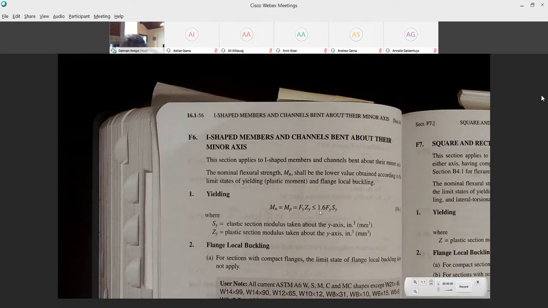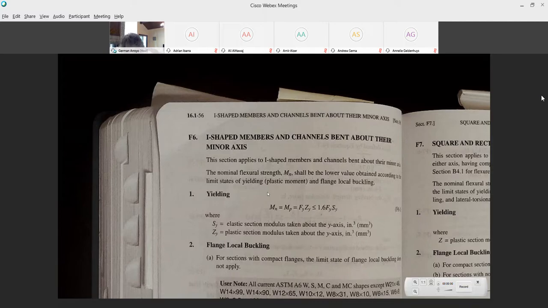But this has to be smaller than 1.6 Fy times the elastic modulus. And I mentioned to you the other day that if you divide this number by Fy Sx, it's going to give you 1.6. And that 1.6 is the reserve capacity. This is what we call the shape factor about the weak axis.